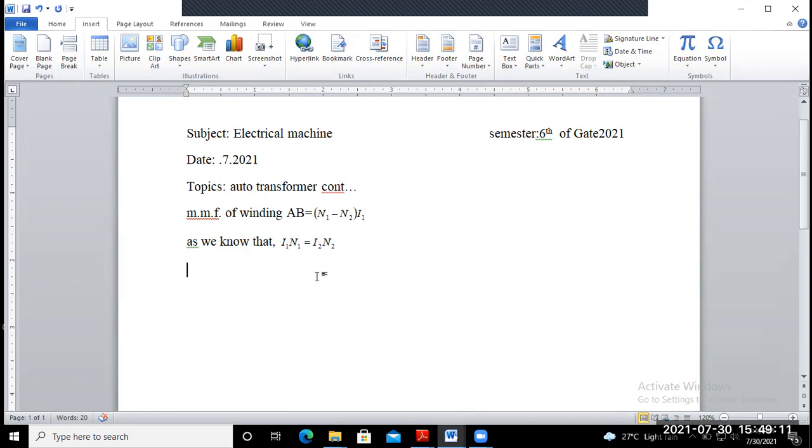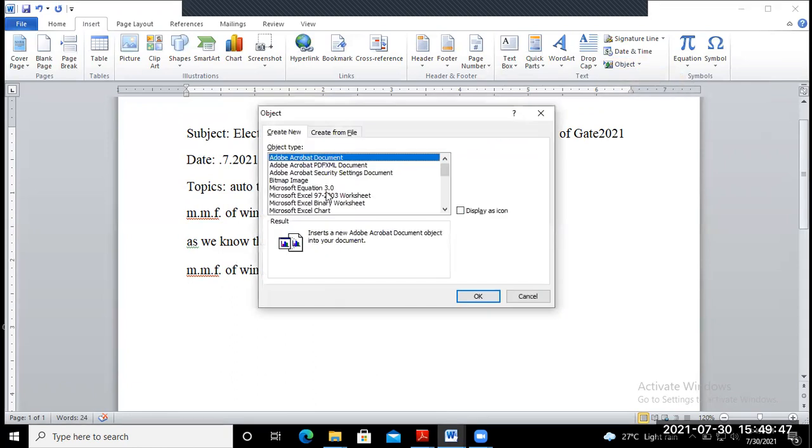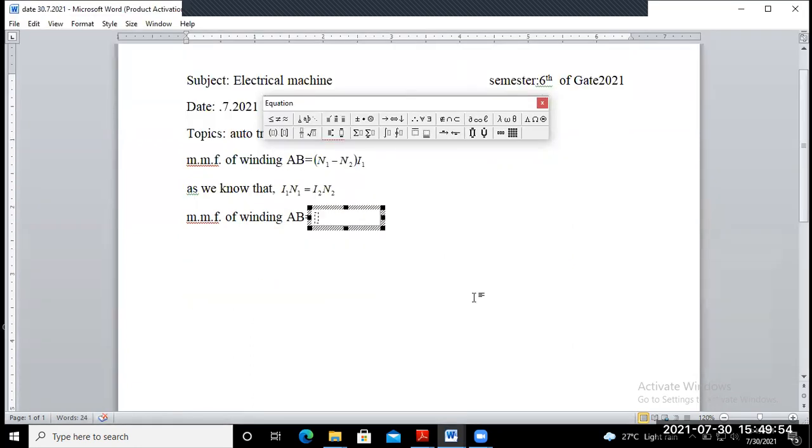The mmf of winding AB equals N1 I1 minus N2 I1.